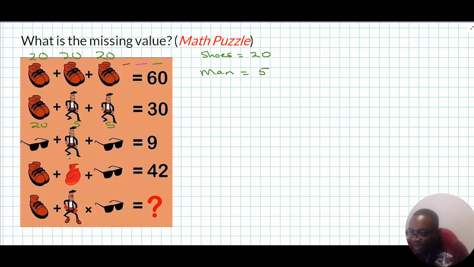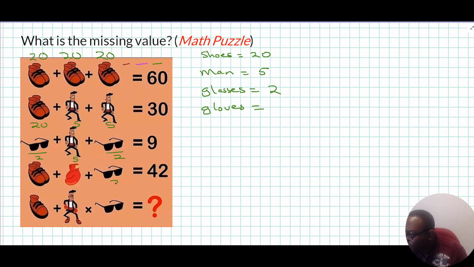Then I got this man here and 2 pairs of glasses. So I have 5 here. So this is going to give me 2 here and 2 here. So let's say glasses equal to 2. And so now we need to find boxing gloves. So let's look at gloves, what that's going to give us.